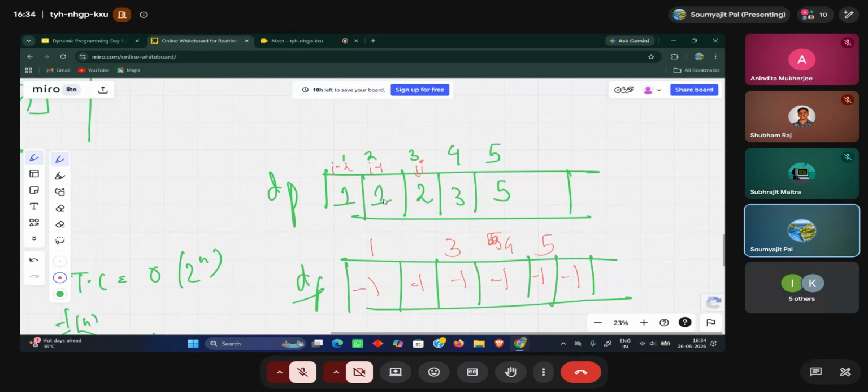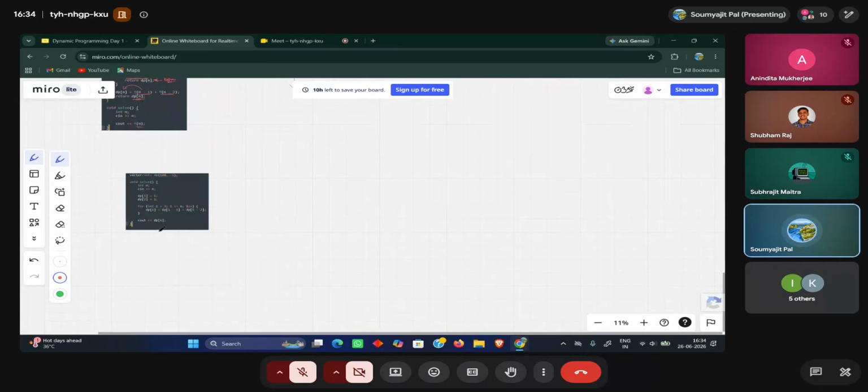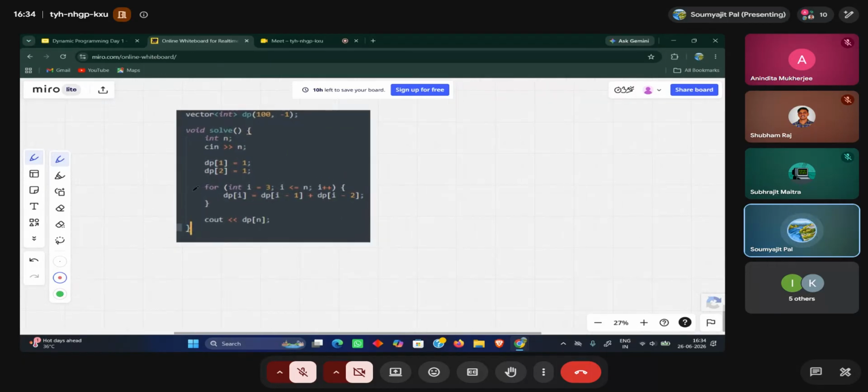So we can simply iterate every state from this relation. This is my transition. These are my base cases. And ultimately, this is my goal, that is my biggest subproblem.